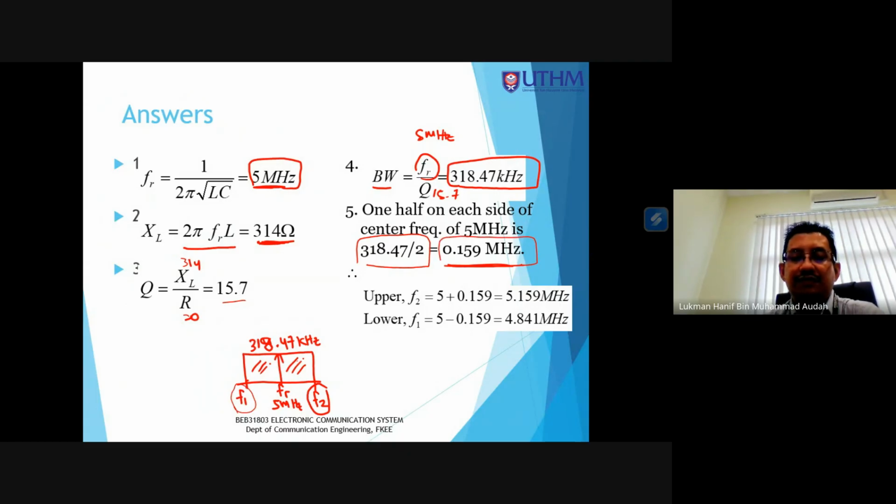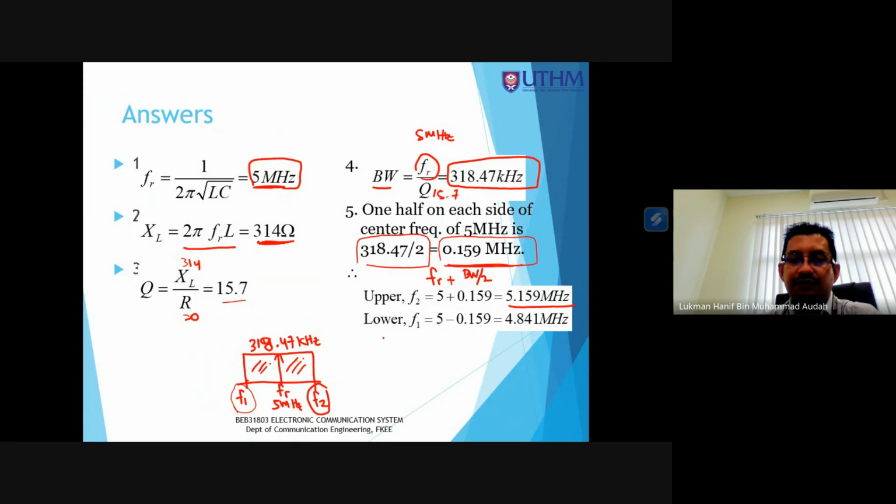So if I want to find F2, F resonant, I add bandwidth divided with 2, which is 0.159. So I get 5.159 megahertz.